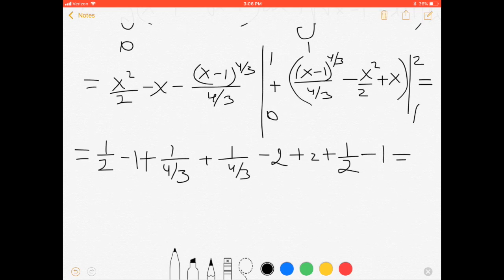Okay. And now we need counting. Minus 1, minus 1, minus 1, and 2. This means I have 1/2 and negative 2.